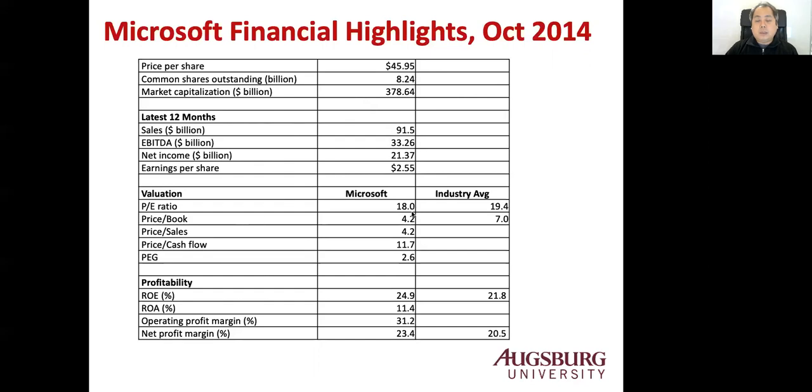So we can compare, like this PE ratio first. The PE ratio is the price to EPS ratio. The price is 45.95, EPS is 2.55, so it's 45.95 divided by 2.55. You have 18 times price to earnings ratio. The industry average is 19.4. We usually compare these two numbers.